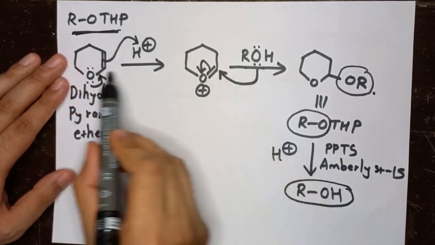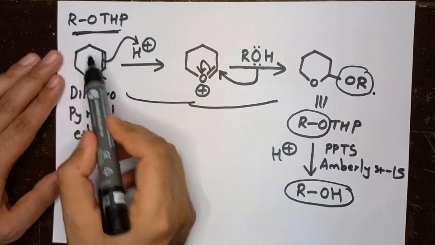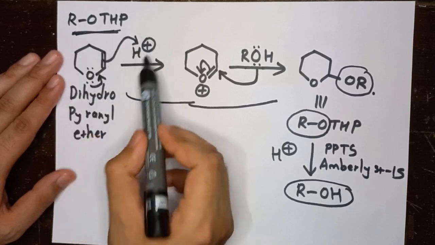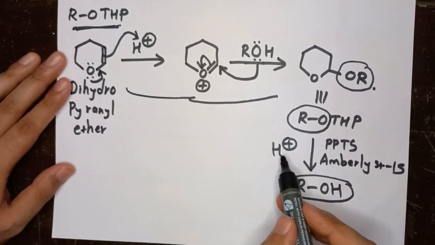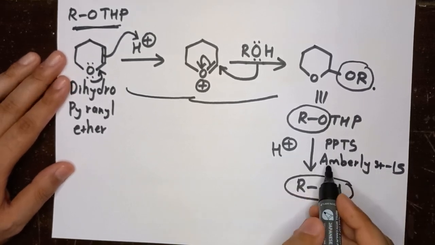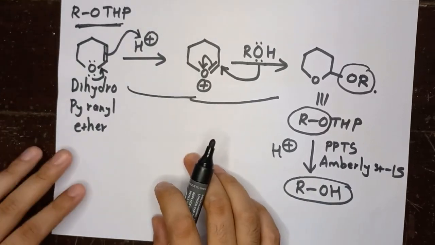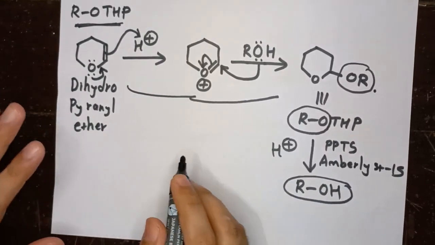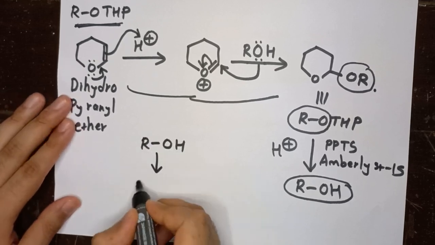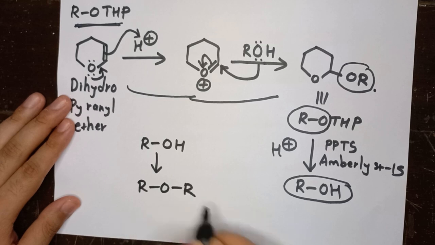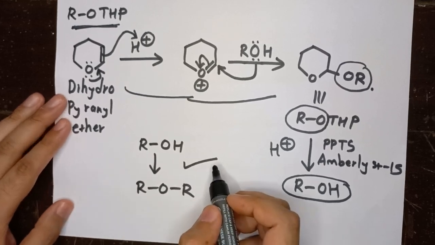This is how you protect: you use dihydropyranyl ether in the presence of acid and alcohol, and you will form ROTHP. And to deprotect, you use acidic medium. Okay, so this is all about the ether protection. Whatever we have discussed till now, basically we are converting alcohol into ether. So this is all about alkyl ether protection.